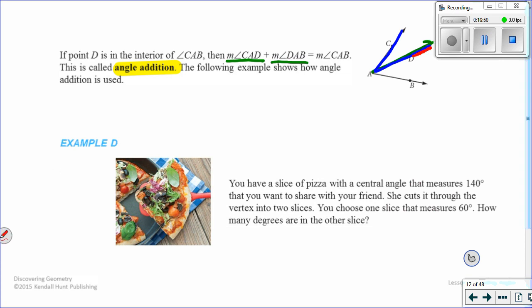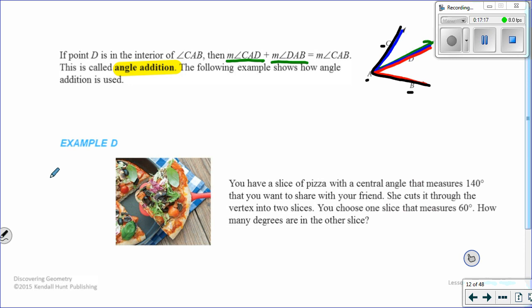Plus the measure of this angle, right? The blue angle plus the red angle is going to give me the whole entire angle, right? So the measure of CAD plus the measure of DAB is equal to the measure of CAB, equal to the whole thing. I'm just taking two pieces and putting them together.